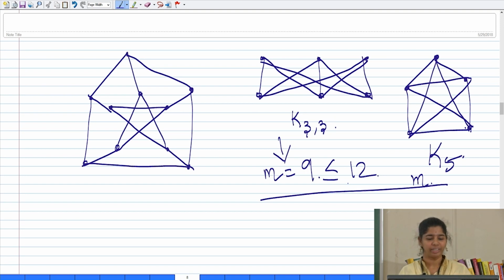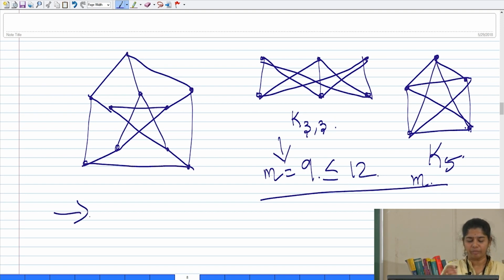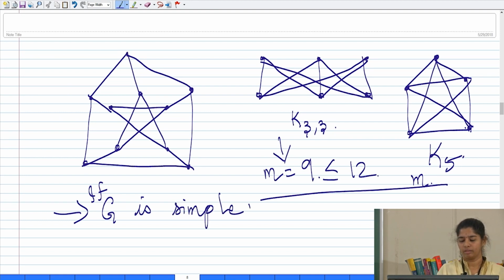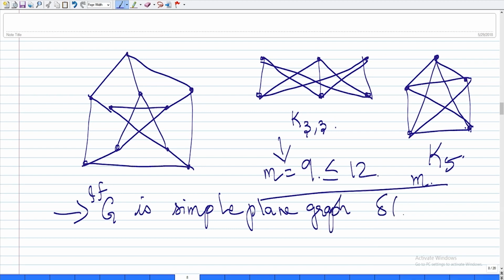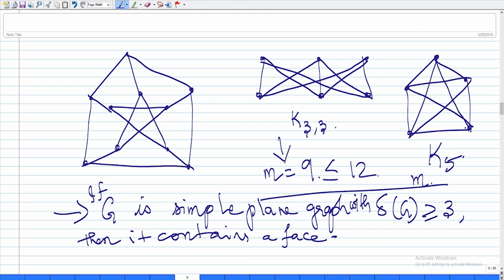we need something more, right. So, in this direction, I will give you another result which states that if G is a simple plane graph with the minimum degree, with delta of G greater than or equal to 3, then it contains a face of degree less than or equal to 5.